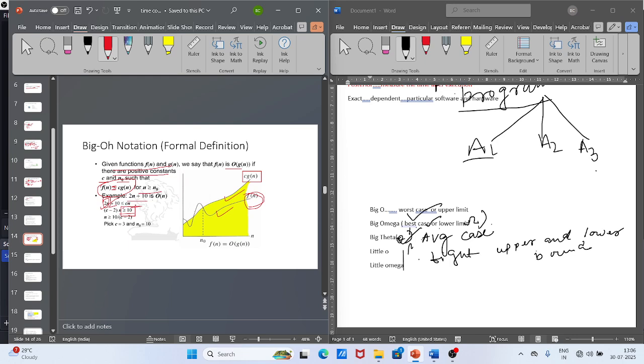Okay, it's false. Now when n is greater than 10, then it satisfies this equation. So the n0 value is 10. After n0, you just check that g(n) value is always greater than f(n) value. Okay.